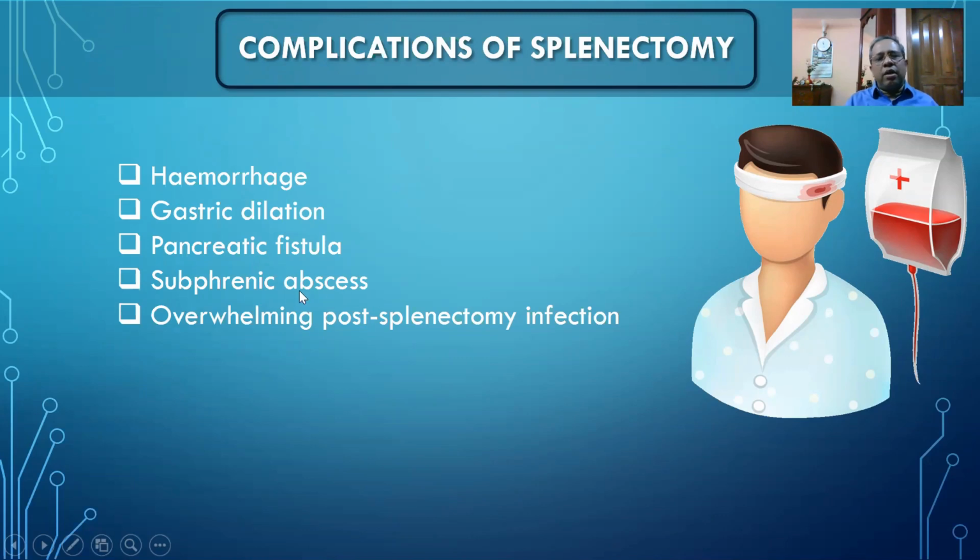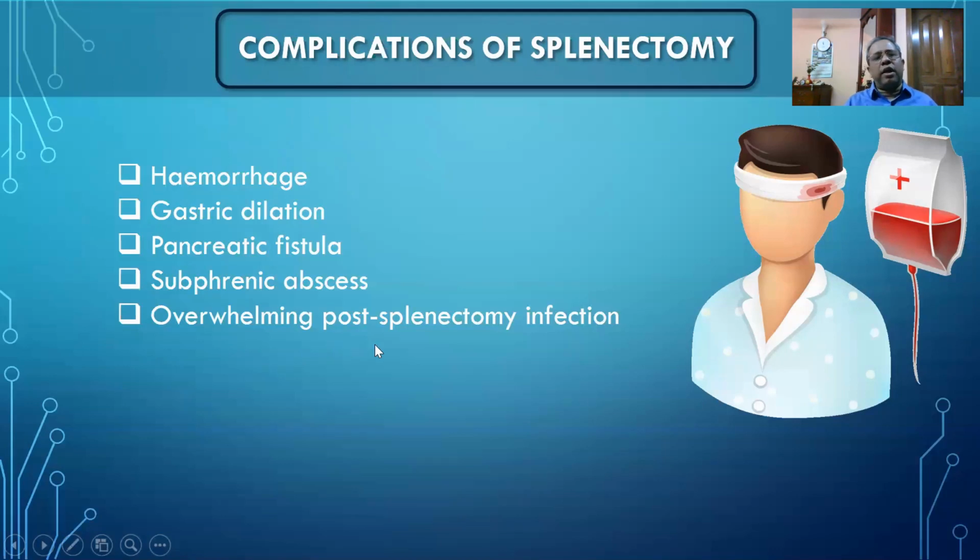And lastly, the patient may subsequently develop overwhelming post-splenectomy infection, because the spleen is the most important organ which can protect the immunity of the patient, engulf the encapsulated organisms, and remove them from the blood, filter blood, purify blood.